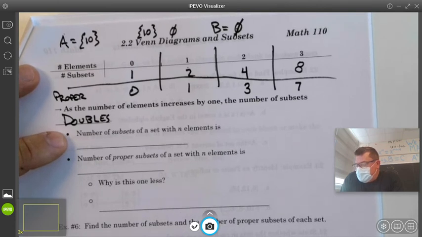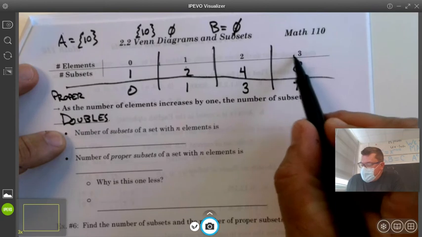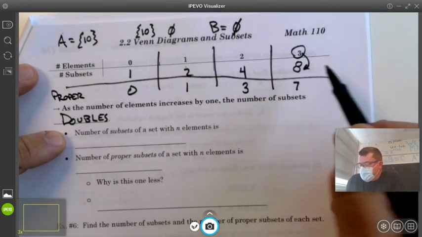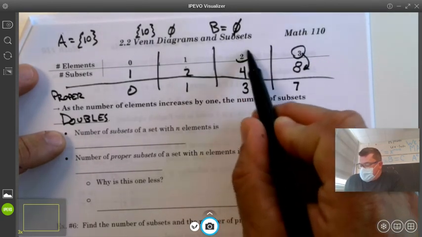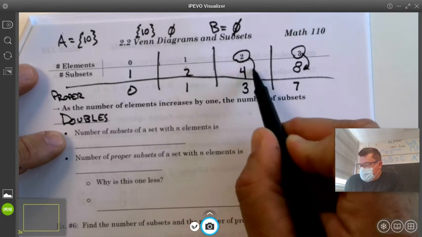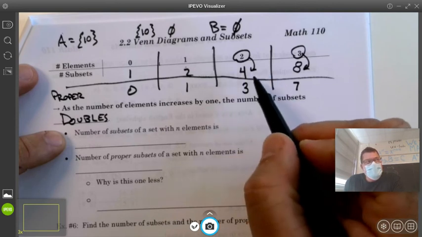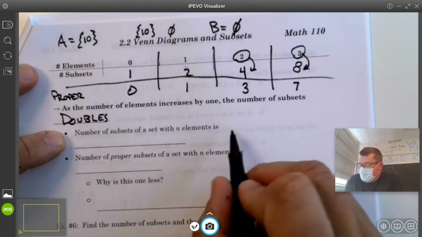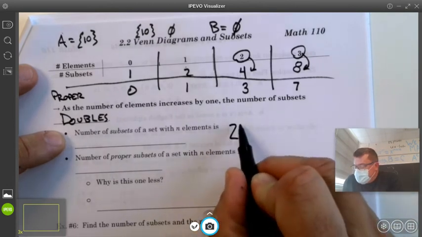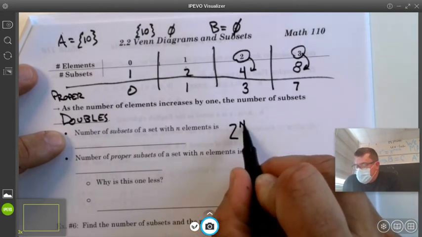The number of subsets with n elements is, anybody got it? Yes, the power thing. It's 2 to the nth power.